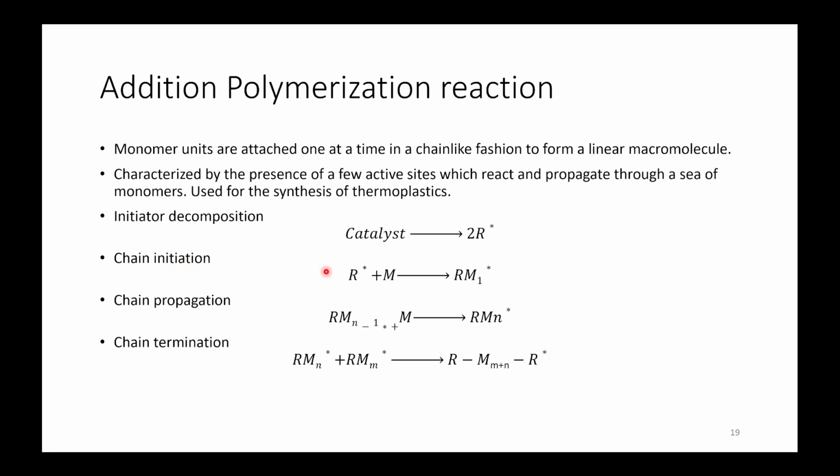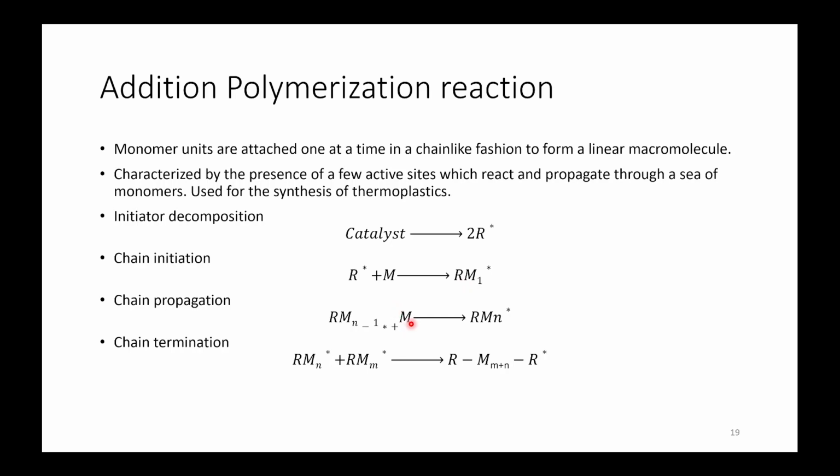This radical will react with a monomer. The monomer will have a double bond or triple bond, which will break, and the radical will attach itself to it, making the whole monomer react. This monomer will further go and react with another monomer.